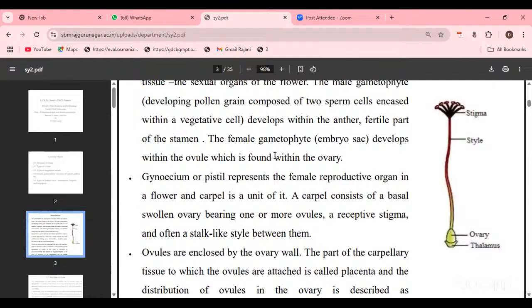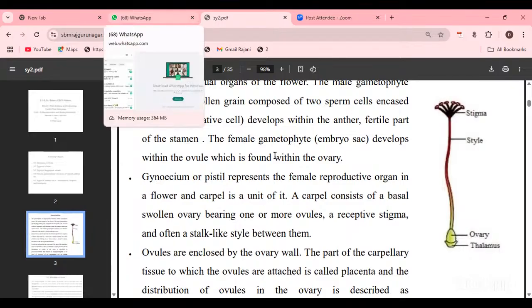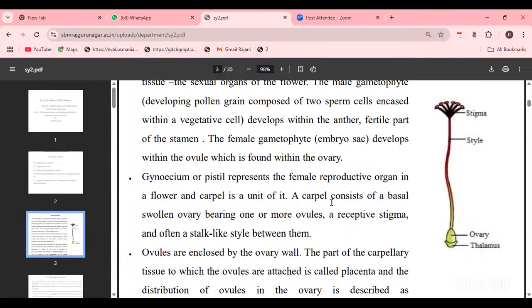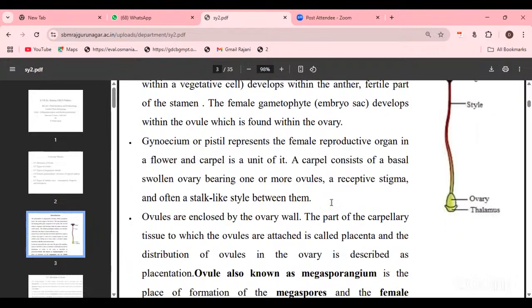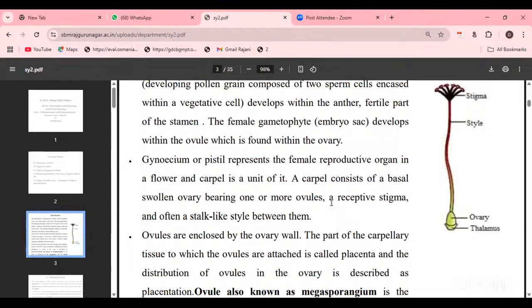That swollen portion is called the ovary, bearing one or more ovules, a receptive stigma, and often a small stalk-like structure, the style, in between them.